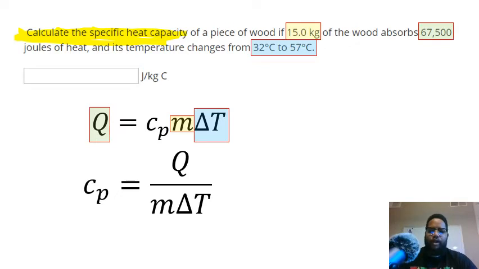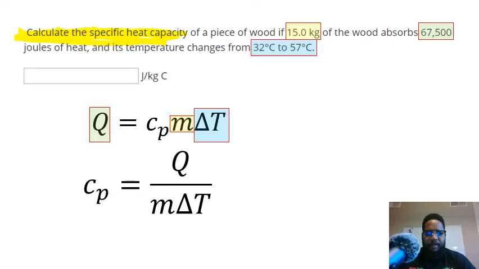So now when we rearrange this equation, unless I'm trying to find Q, it's going to be Q divided by the other two. So because I'm trying to find Cp, the m right here is going to go at the bottom, and the delta T is also going to go at the bottom.